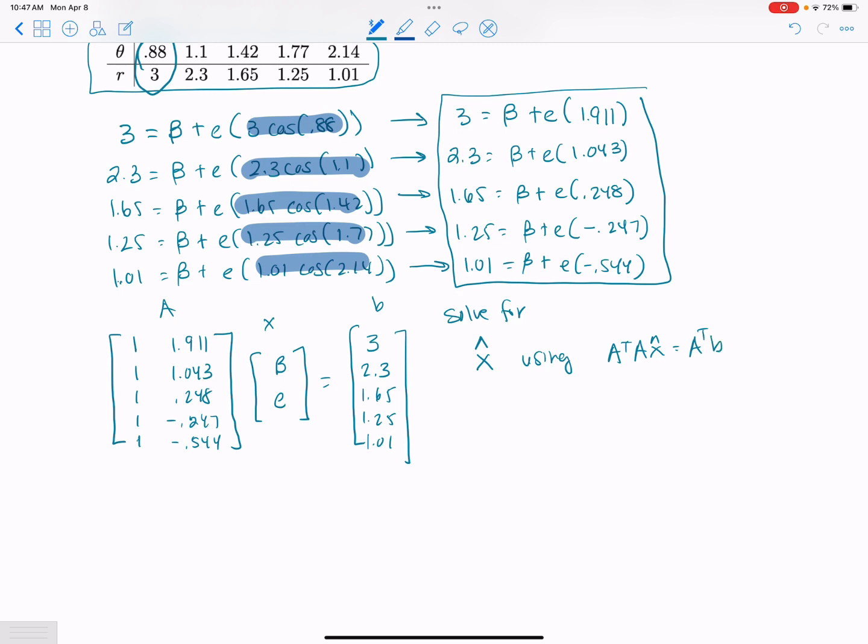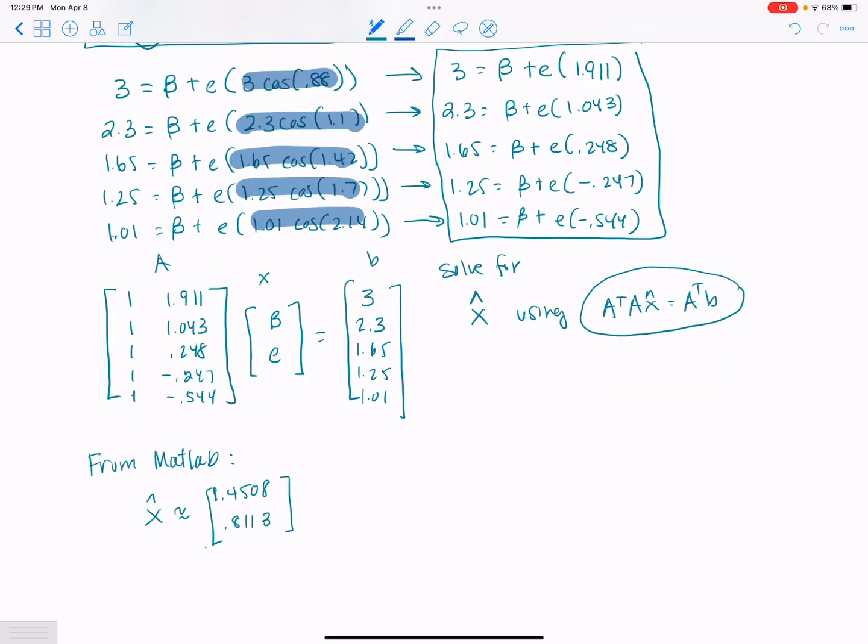I encourage you to try this. I'll write down the solution, but I encourage you to use technology to help you with that. When you solve using the normal equations, you'll get this approximation. x hat is about 1.4508 and 0.8113. So that tells me that beta is about 1.4508 and e is about 0.8113.